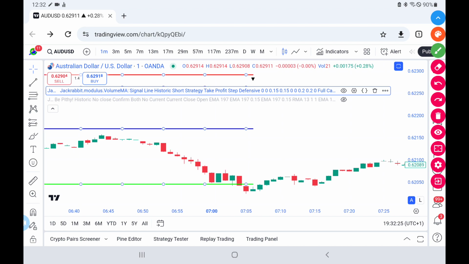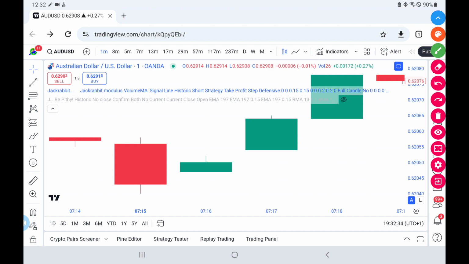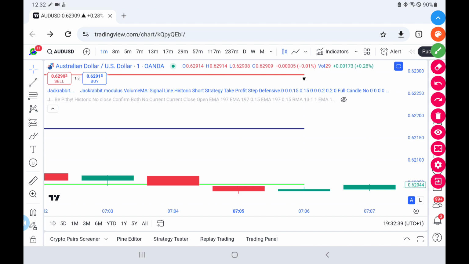So let's zoom in this even more and really get these candles nice and big, and get a good look at exactly what we are looking at. So we can see on this green candle, the upper wick is below the green take profit line. So it is a full candle. We can see on this red candle that the close is also below.